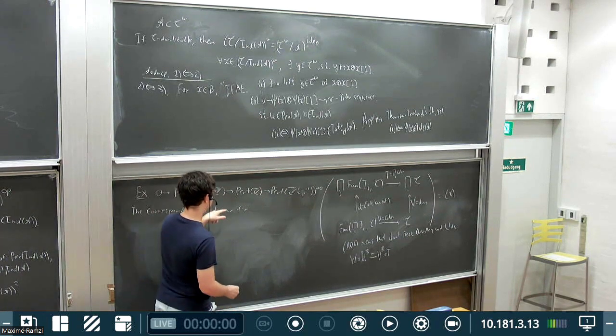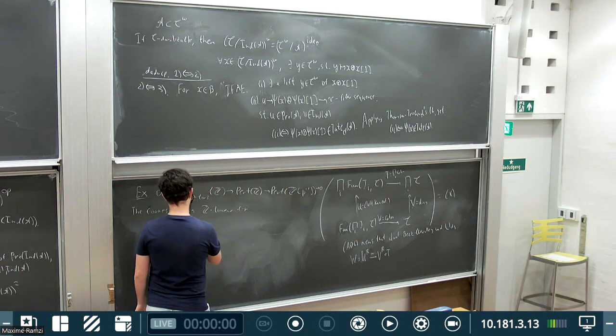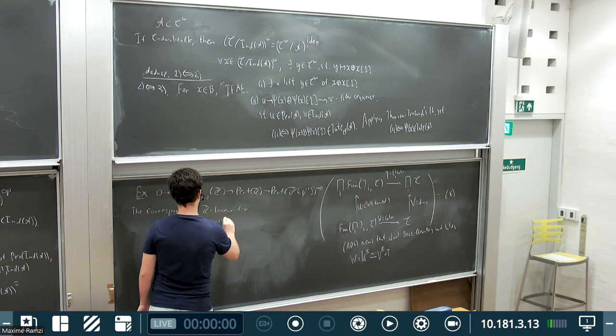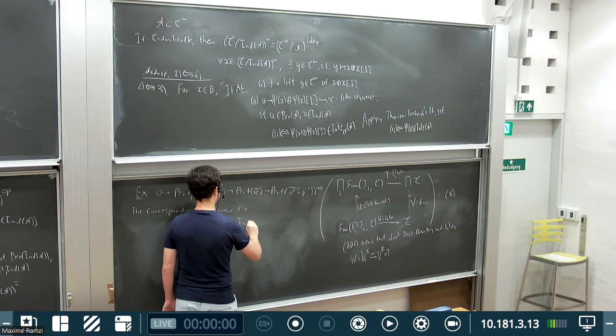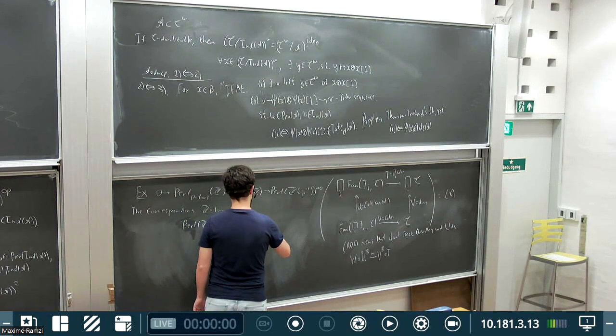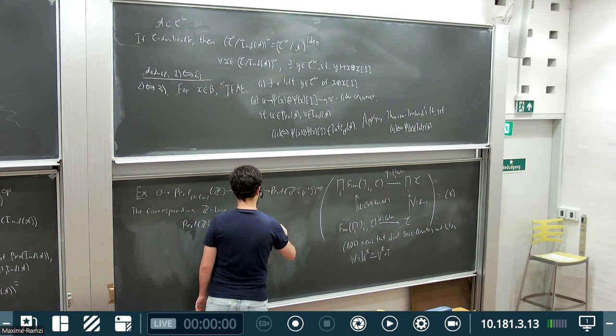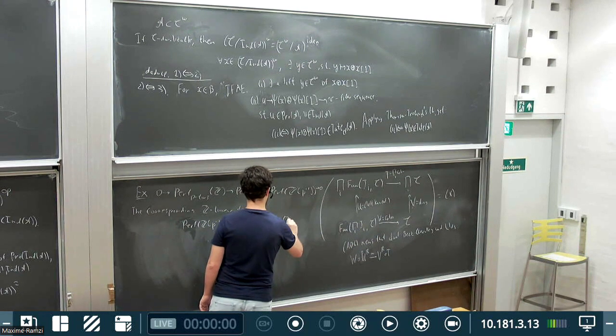So the corresponding Z-linear functor from perfect objects over Z[1/p] to Tate objects of p-torsion perfect objects. Like you can guess what it is.